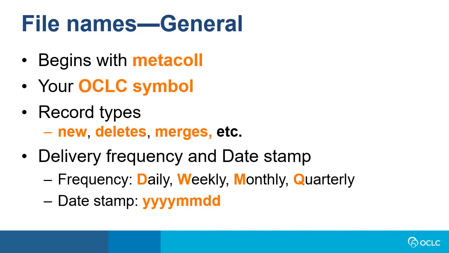Let us briefly discuss how to identify the types of records in your files by understanding how the files are named. In general, a file of records begins with metacall and your institution's OCLC symbol, followed by the designation for the type of records, which can be new, deletes, merges, etc. Next, you will find an abbreviation denoting the frequency of output, which is D for daily, W for weekly, etc., followed by the output date of the file to include the year, month, and day.